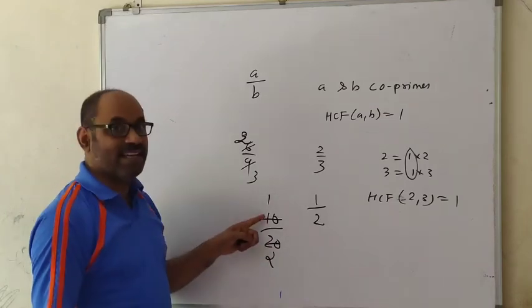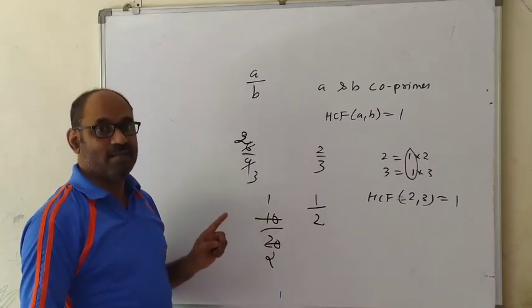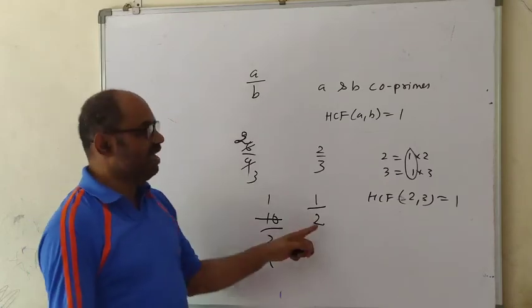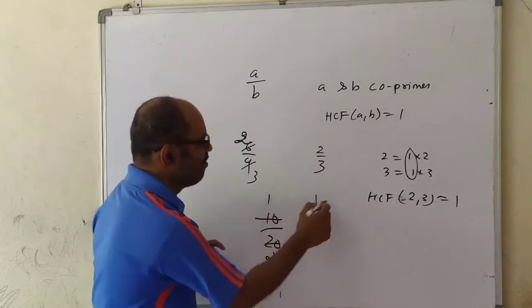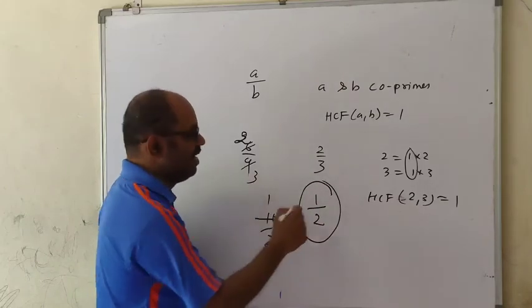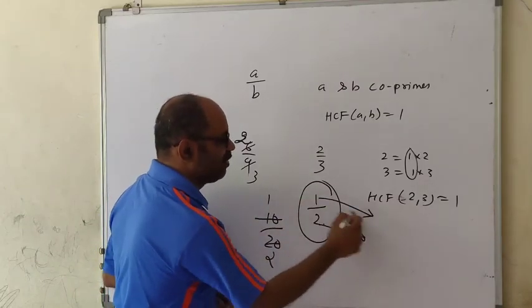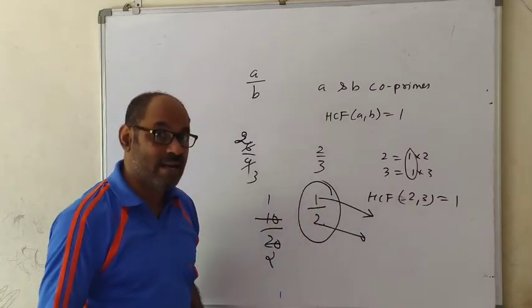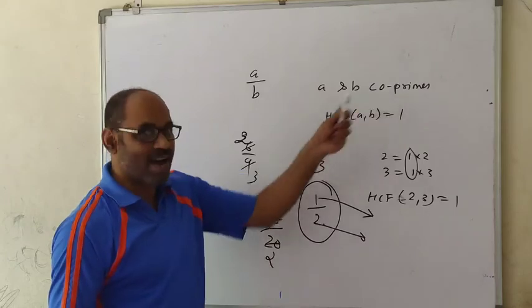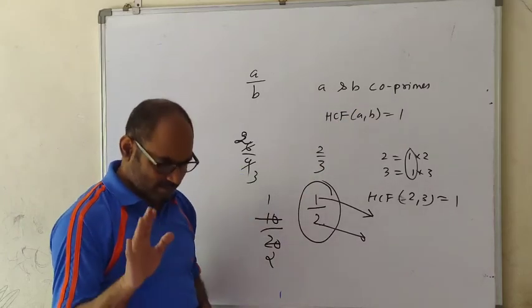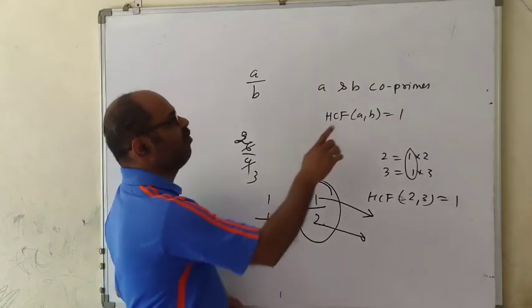But you will never say give me 10 out of 20 parts. Make 20 equal parts and give 10. You will say make 2 parts and give 1 part out of that. Is that clear? So whenever any rational number is represented, the GCD of its numerator and denominator is always 1, which means the numerator and denominator are always co-primes. Is that clear?